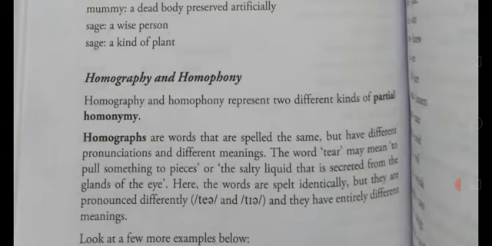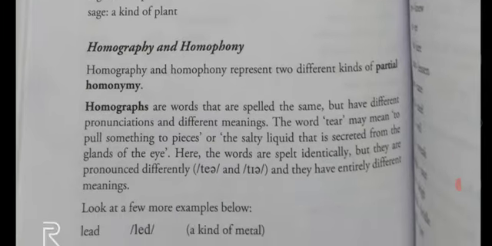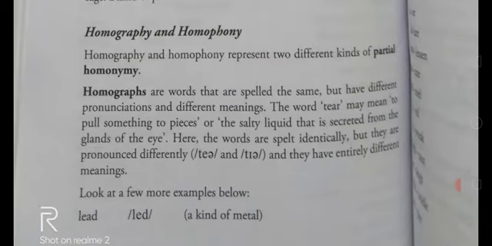Let's see another point: homography and homophony. Homography and homophony represent two different kinds of partial homonymy. Homographs are words that are spelled the same but have different pronunciations and different meanings.